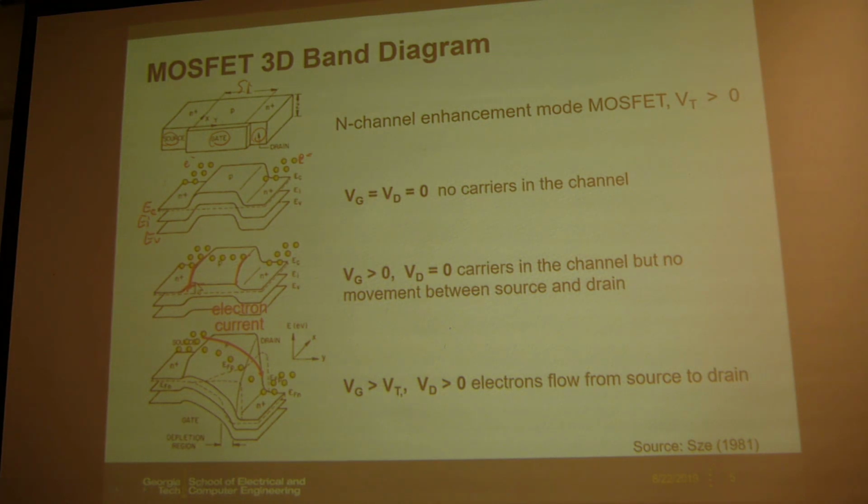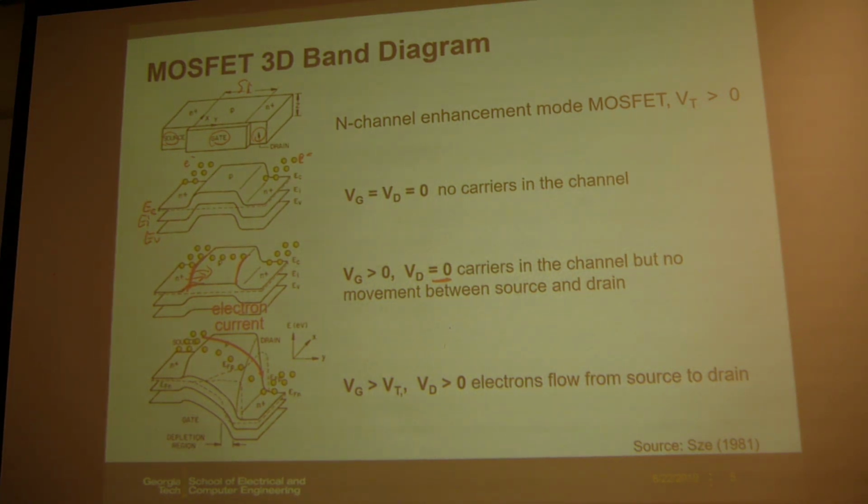And then the electrons will diffuse out from the reservoir because the barrier is lowered. But still the current is zero if the drain voltage is zero, because source and drain have the same potential. So they will diffuse out, but those two diffusion currents will cancel each other. So the net current is zero.